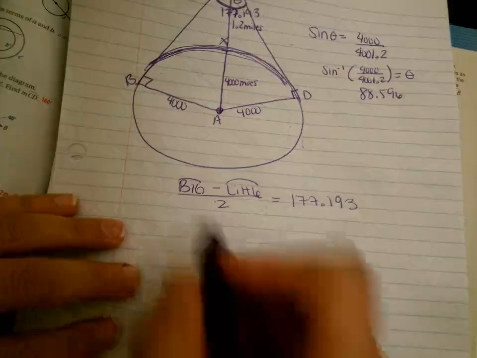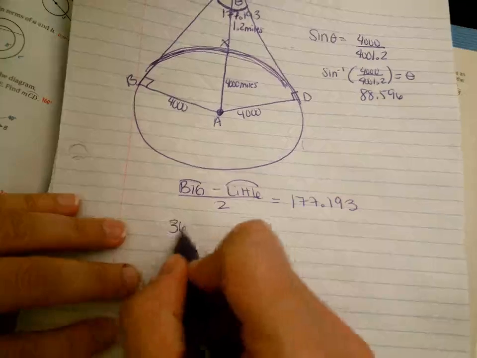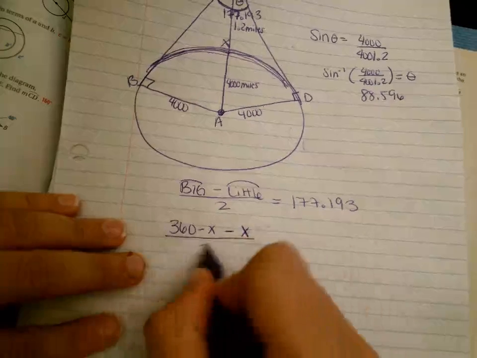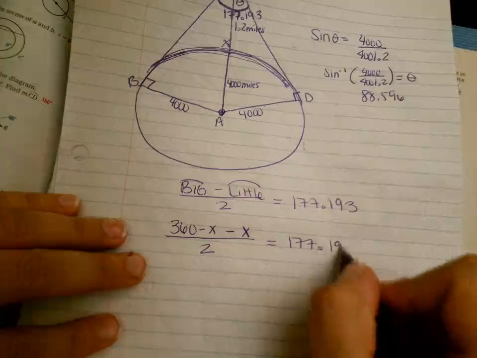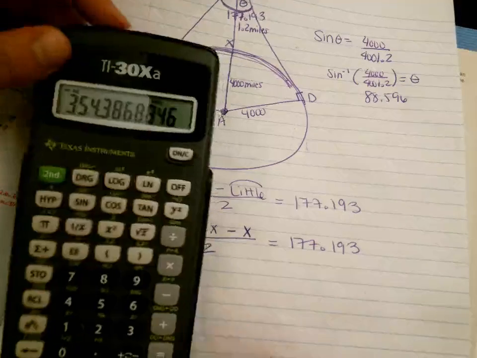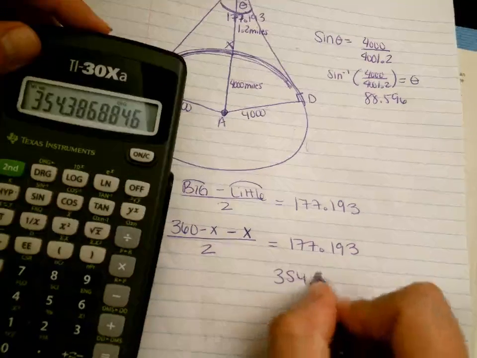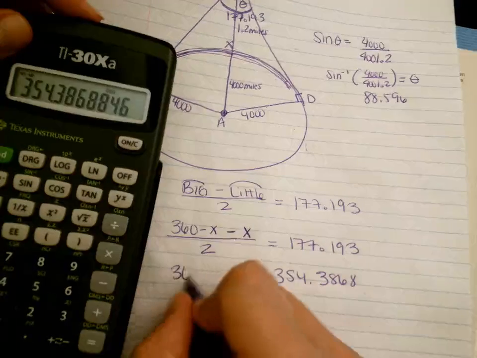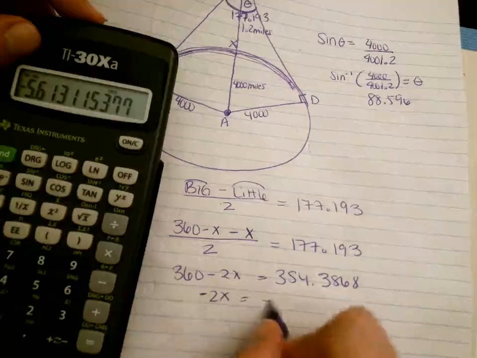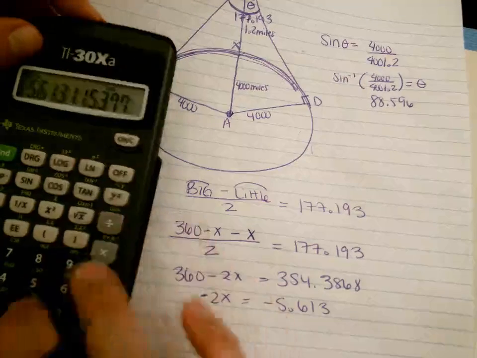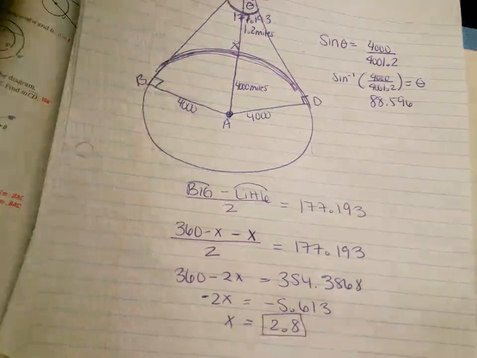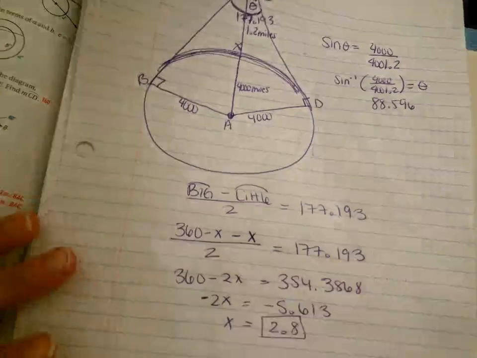So in reality, isn't my big arc 360 degrees minus x, minus my little arc x, divided by 2 equals the 177.193. So if I take that number that's in my calculator times 2, I get this. 360 minus 2x. I'm going to subtract 360 from both sides, and I'm going to divide by -2 on both sides. And I get that it's approximately 2.8. So this arc right here is approximately 2.8.